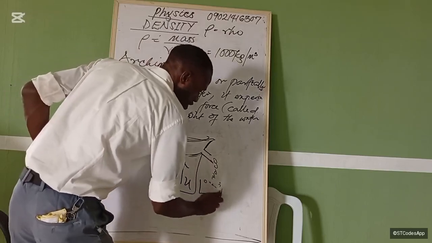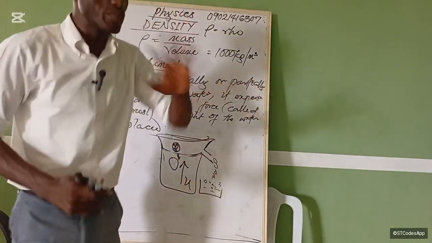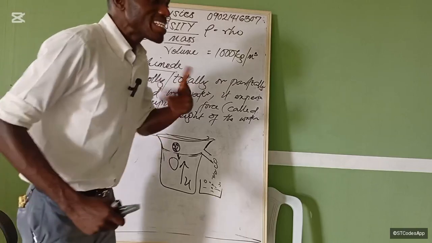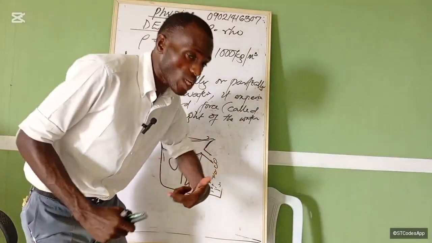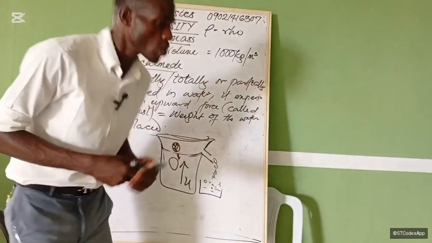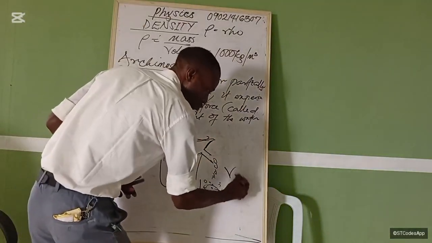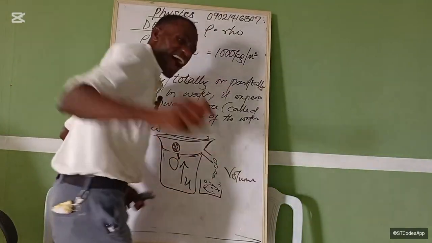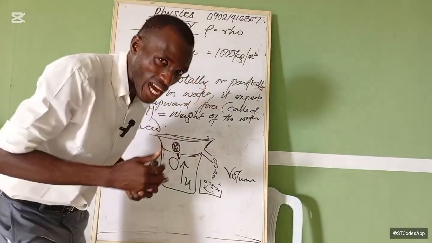You of course know, if you fill a bucket of water to the brim, if you put something else inside, what will happen is that some water will spill. So that water that spills will have equal volume as the body that entered that water.